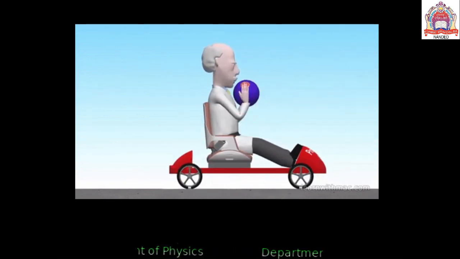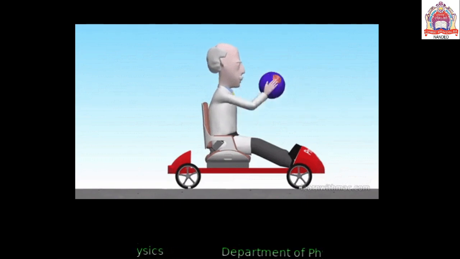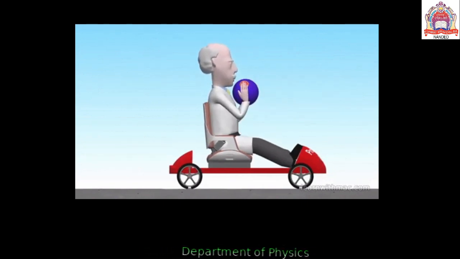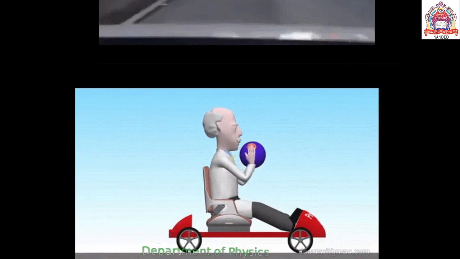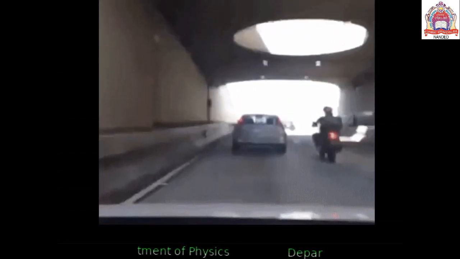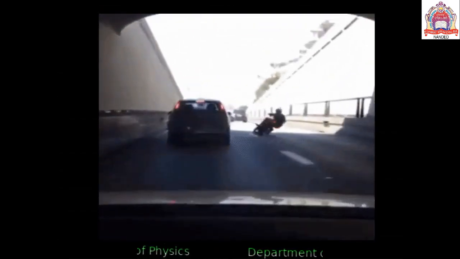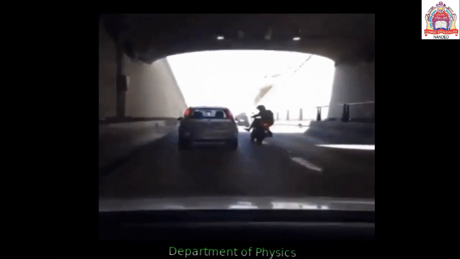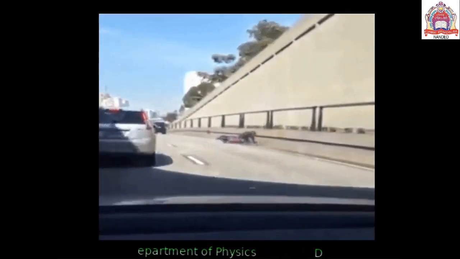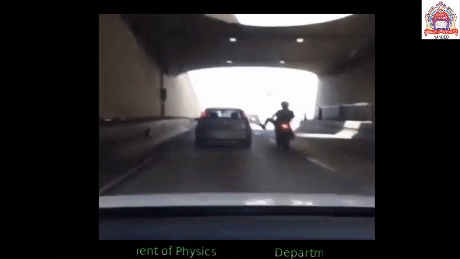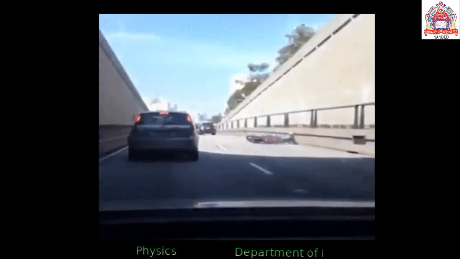Whenever the ball is thrown, the car is moving backward. Don't do this action, but just observe for our physics. The person on the bike is hitting the car and an accident is happening.